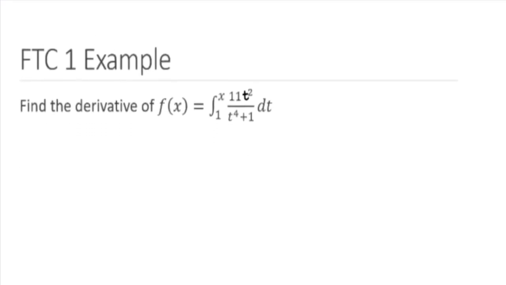First one, find the derivative of f of x equal to the integral of 11t squared over t to the fourth plus 1 dt from 1 to x. Okay, so technically, given tayo ng function f, we want to find f prime of x.